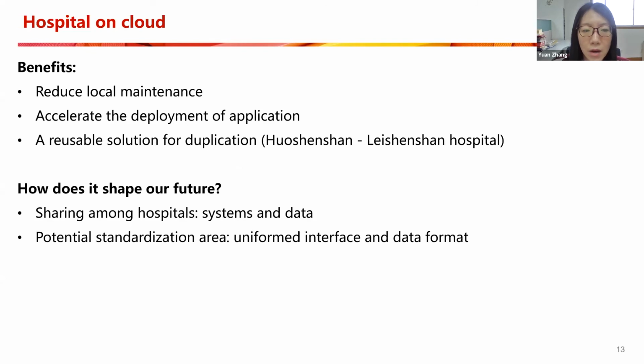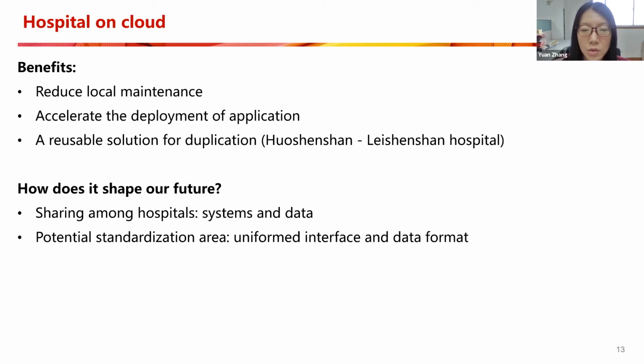The benefit of this hospital on cloud is that local IT maintenance is reduced. We only need to dock and test in the given environment. And also the deployment of all healthcare applications is accelerated. We could simply duplicate the solution. Actually, we did Huoshanshan first, and then we copied the solution to Leishanshan Hospital. And we could expect that it could be shared among hospitals in future.